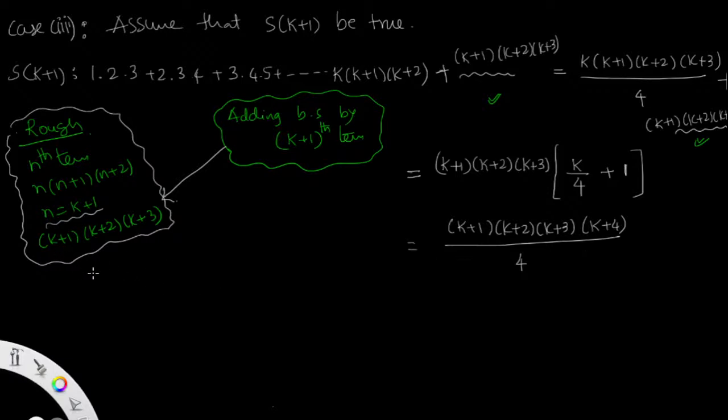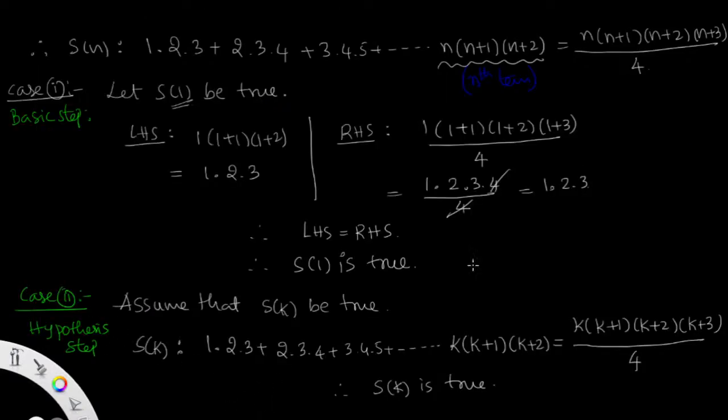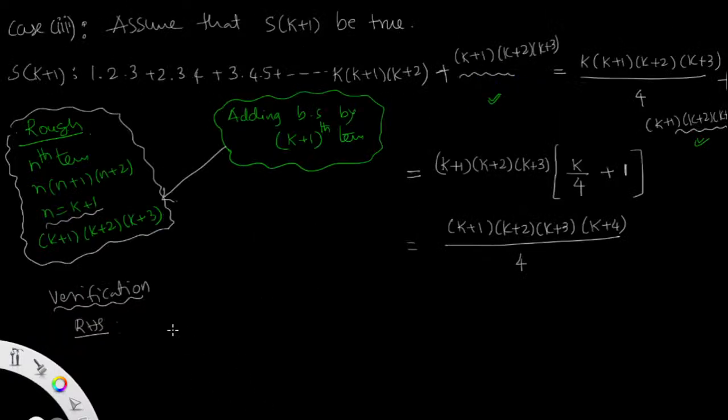Whether it is correct or not, we check by verification. For that, you have to substitute in the RHS. What is the RHS value given? RHS is n into n plus 1 into n plus 2 into n plus 3 divided by 4.